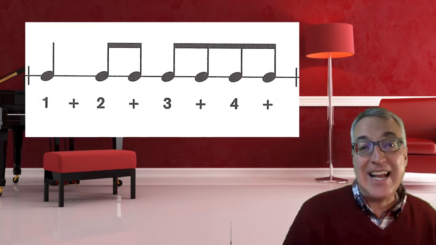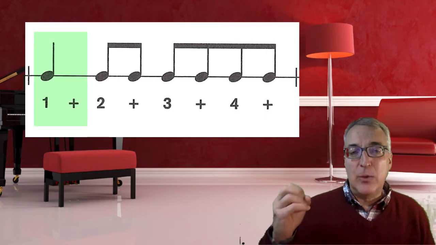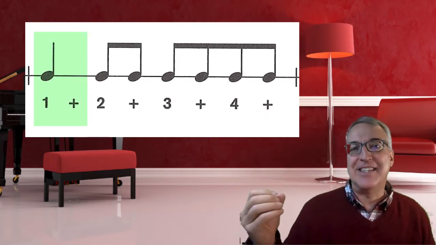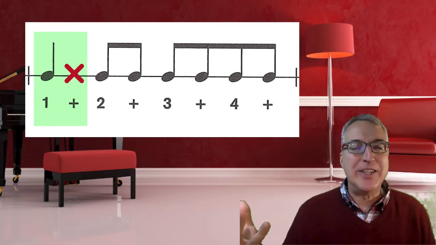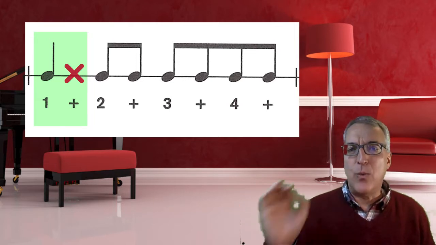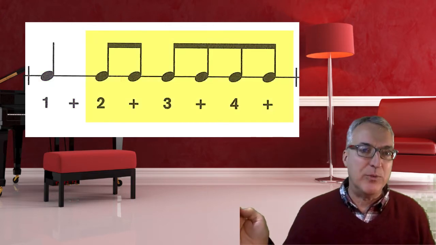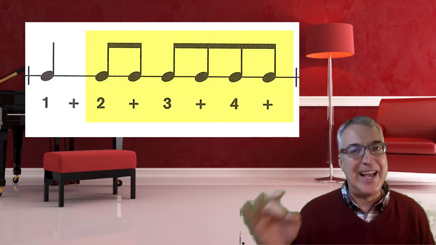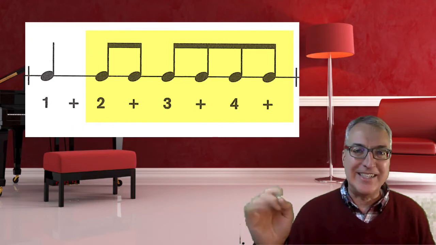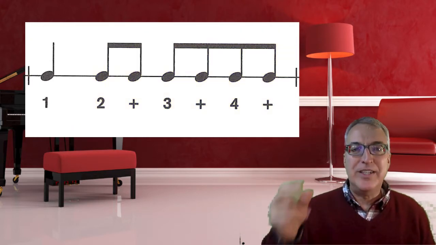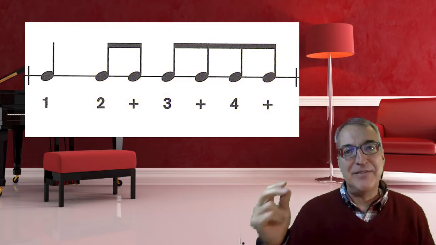Okay, now the second measure begins with a quarter note. We could say "1 and," it's just that nothing new happens on the "and," on the midpoint. So I'm going to just say 1 to represent the quarter note. But then when we get to the 2nd, 3rd, and 4th beats, where we do have eighth notes, I will say 2 and 3 and 4 and. So the count would be 1, 2 and 3 and 4 and.